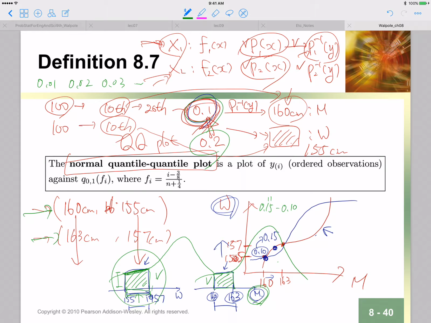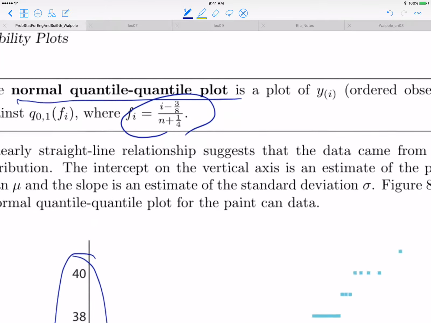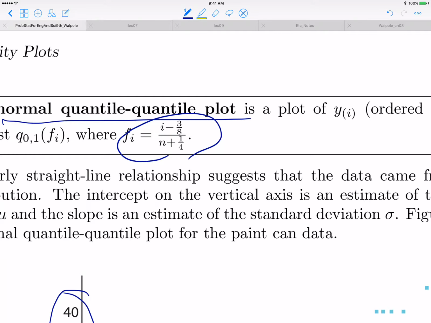So in practice, people made some suggestions so that they only obtain those quantile values when the probability value has this specific form.